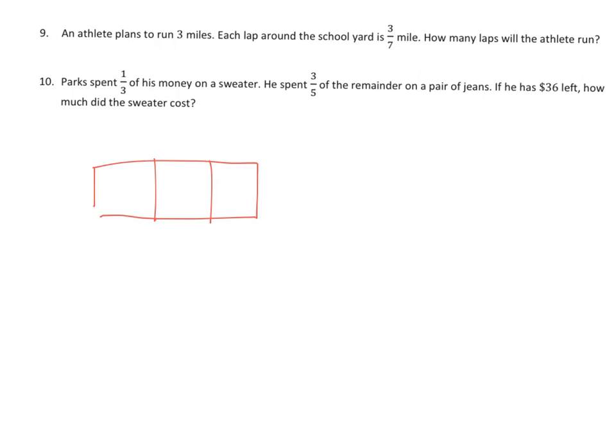And I'm going to break it into thirds, and I'm going to say one of these thirds is the sweater. The remaining piece, which is right here, this section, needs to be broken so I can take 3/5. But it's not 3/5 of the whole thing, it's 3/5 of the remainder. So the easiest way that I can do this is break each of these into fifths, each box, and then take 3 of them.